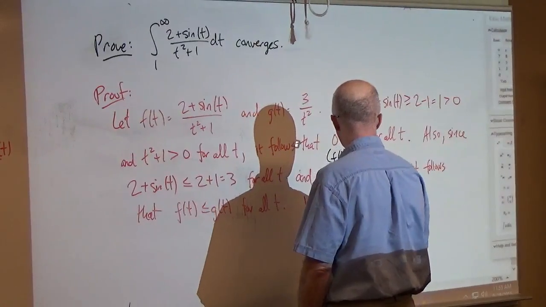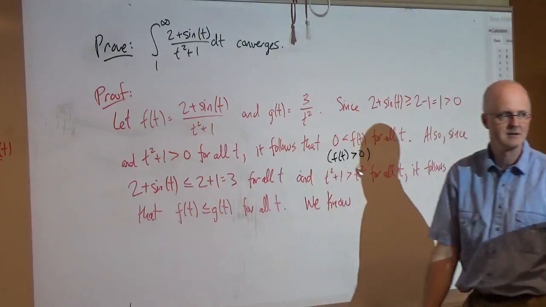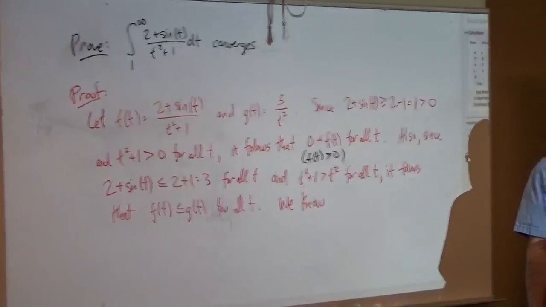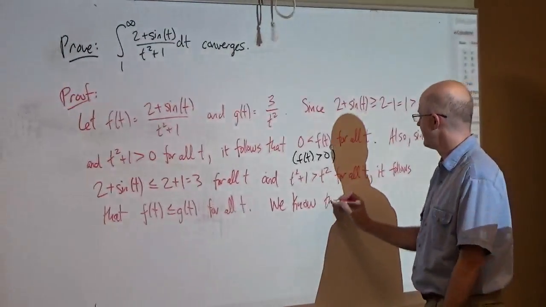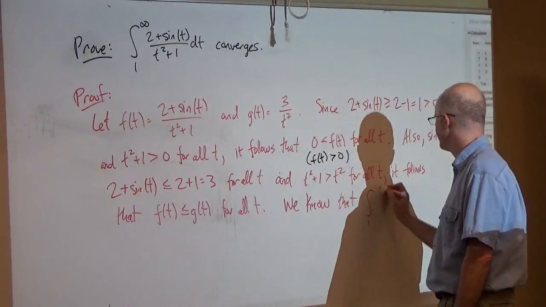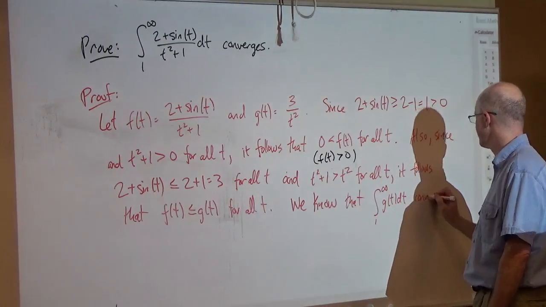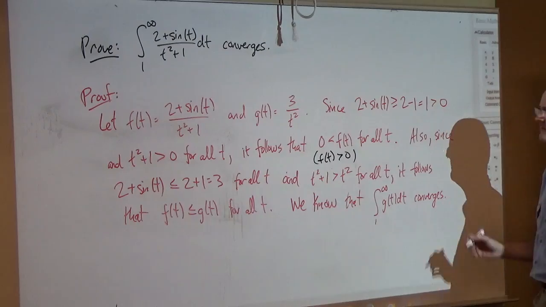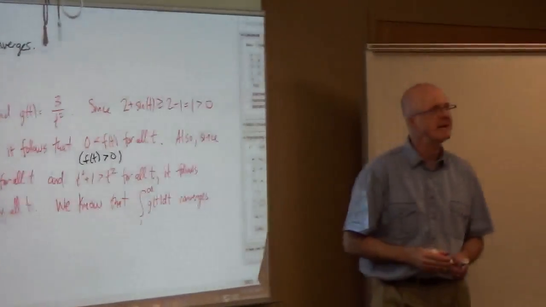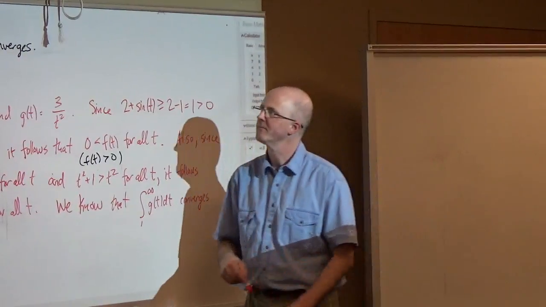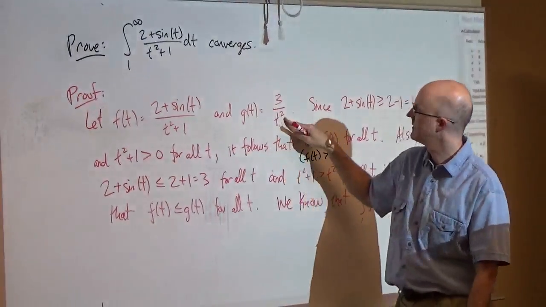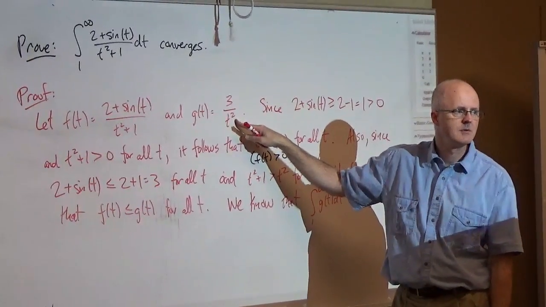We know, because it's in the book, and I'm telling you, you can say we know this, that the improper integral of g of t from 1 to infinity converges. It's a constant multiple of 1 over x to the p, where p is greater than 1. P is 2.